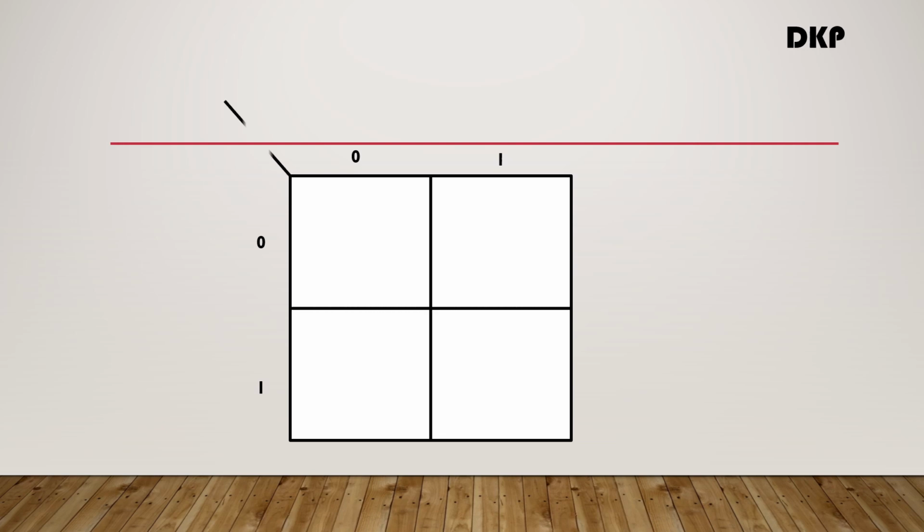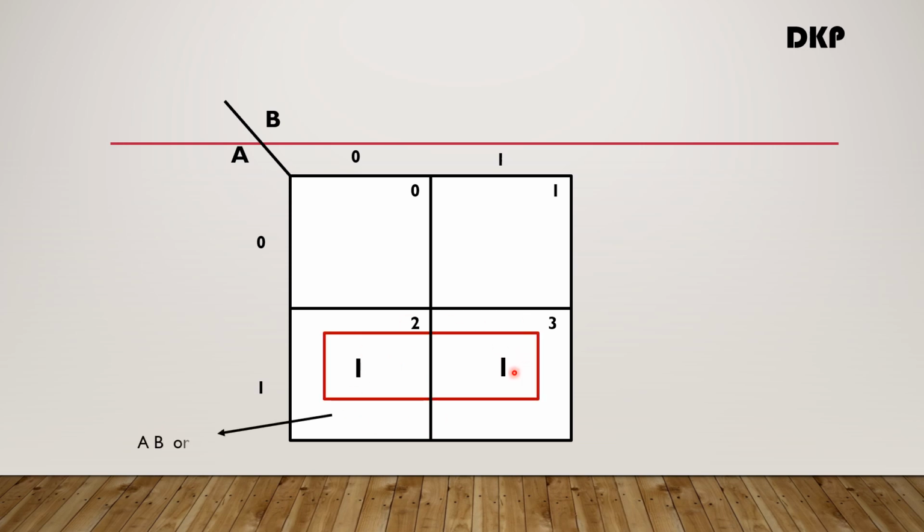Now in this case, we are going to place ones in M2 and M3. Since these cells are adjacent to each other and it contains 1, we can group these cells. This cell is called AB bar, or M2, and this cell is called AB, or M3.